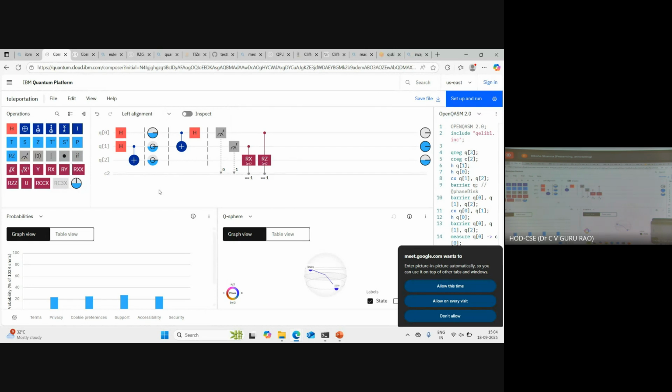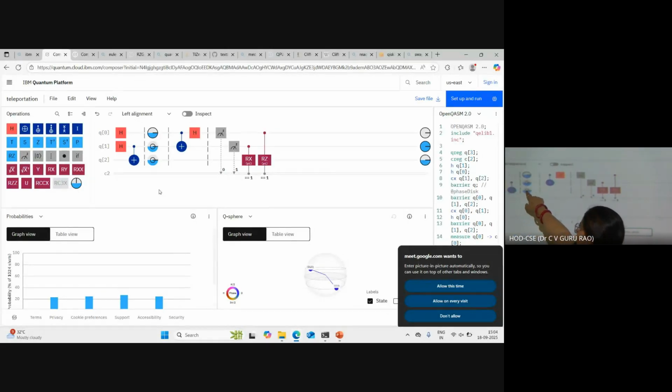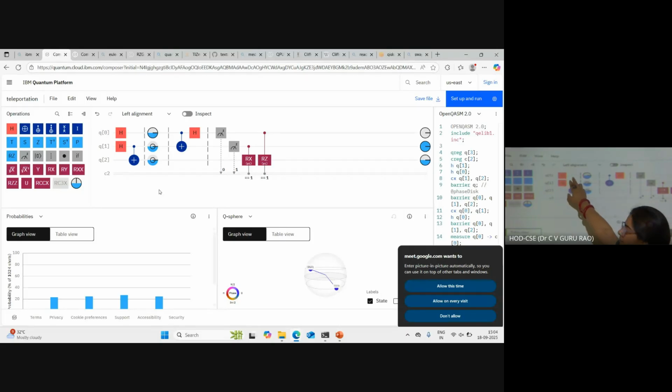What is happening over here? See, Q1 and Q2 are these entangled states. That's why these are half. And this is the Hadamard gate that I am applying. This is the information that Q1 wants to send to Q2. After the Hadamard, it is converted into half gray and half white.